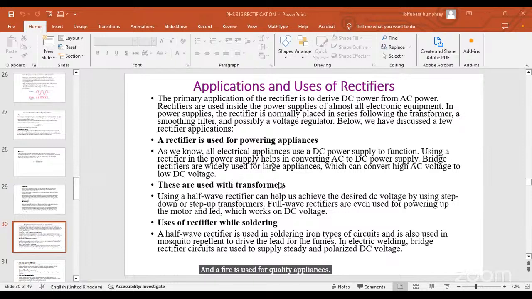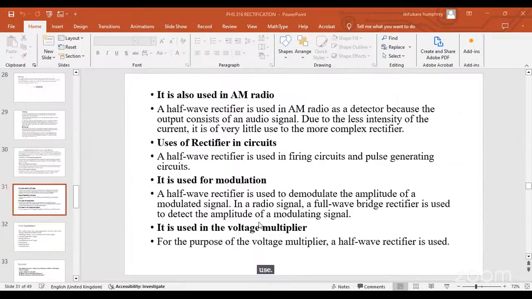They are used for transformers, used while soldering. It is also used in AM radio circuits. It's also used for modulation. It's also used in the voltage multiplier.